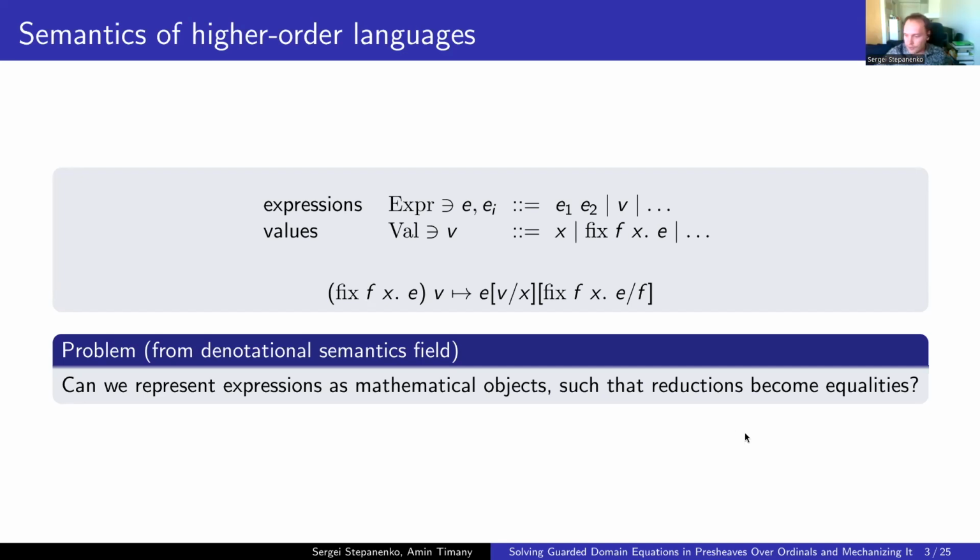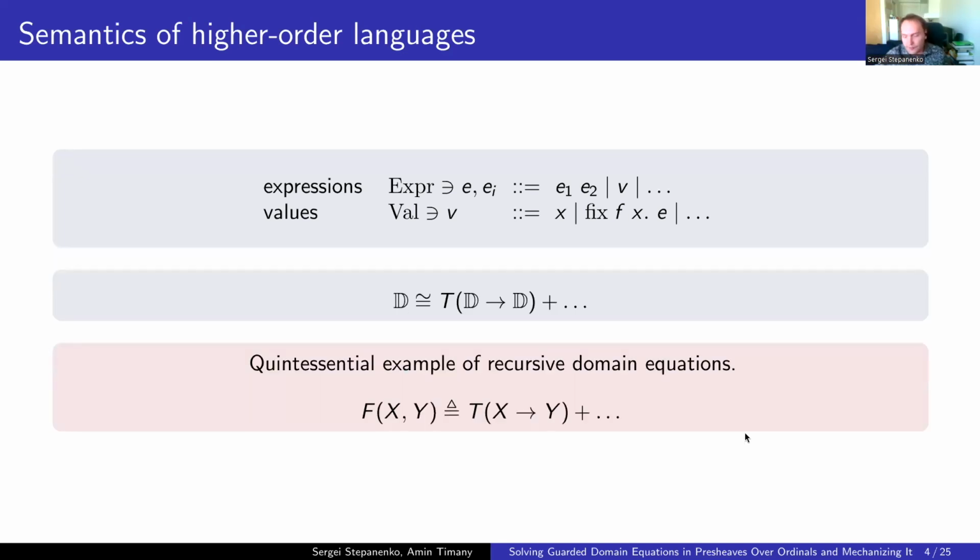And one of the approaches to do it is to try to solve the recursive domain equation, which is a really old problem. So in this particular case, for this subset of the language that we see on the slide, we need an equation that at least includes a function space to interpret fixed points, and probably some other gadgets depending on what else we have in the language.